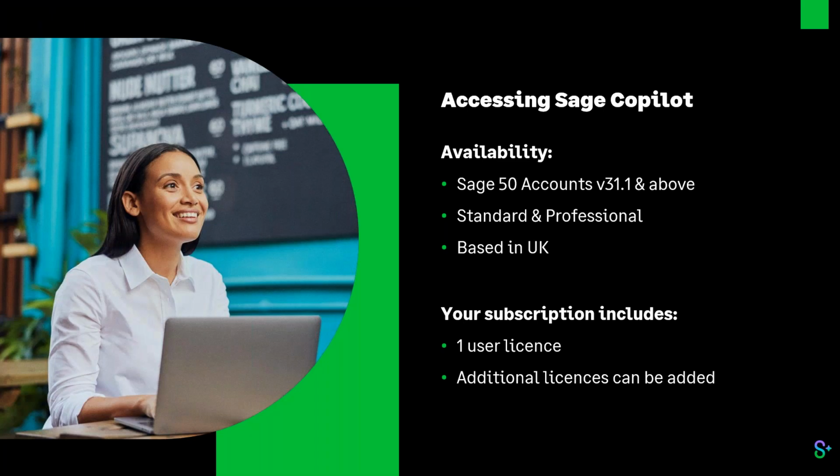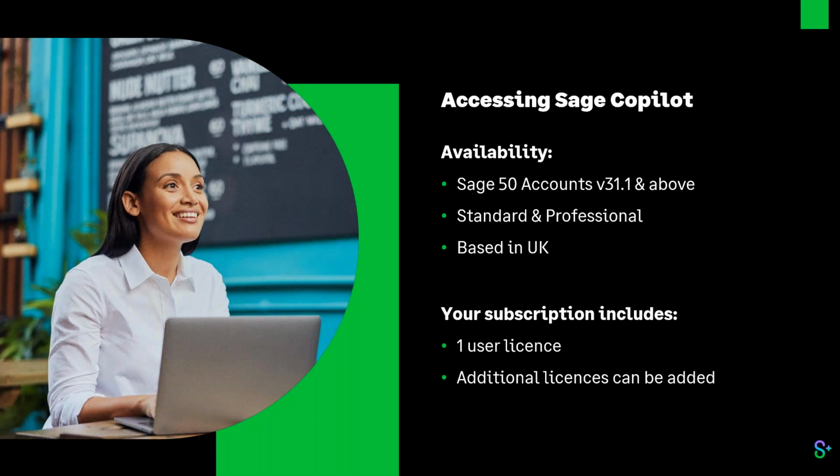Currently, Copilot's not available if you're on Essentials or the Client Manager level of the software. So if you're an accountant and using Client Manager, you won't have access to it either. It's not enabled for your license just yet. I believe that's going to be changing soon, but currently not available just yet. And also, you must be based in the UK. So if you're based in the Republic of Ireland, again, currently you will not have access to Sage Copilot. It will not be enabled on your license.